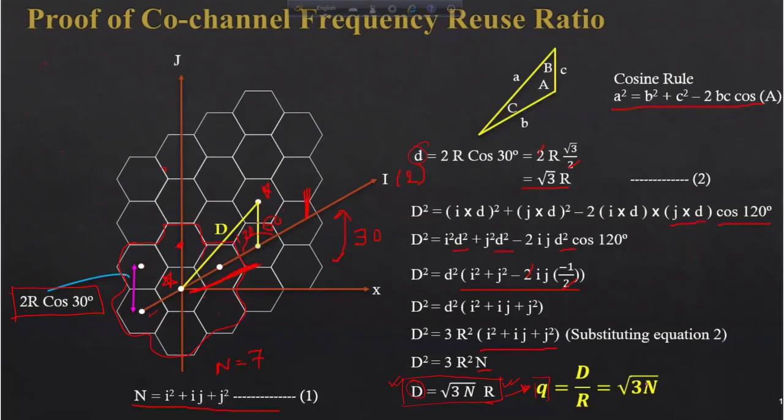This whole cluster, or this whole set of frequencies, is going to be repeated in the neighboring area. Say for example, this is the center of another cluster, and this is another cluster like this.